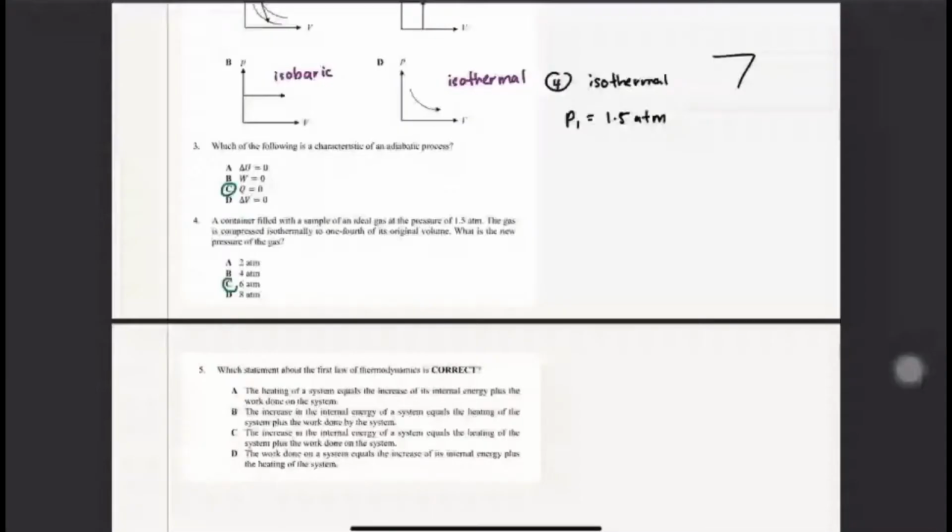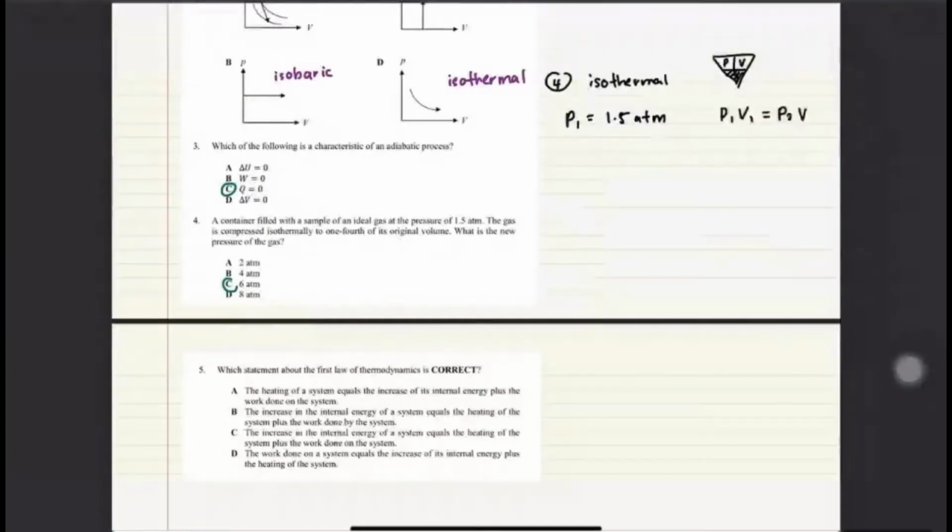The gas is compressed isothermal. So isothermal, if you want to use the triangle, PVT, so T is constant. So you have PV equals to PV lah. P1 V1 equals to P2 V2.